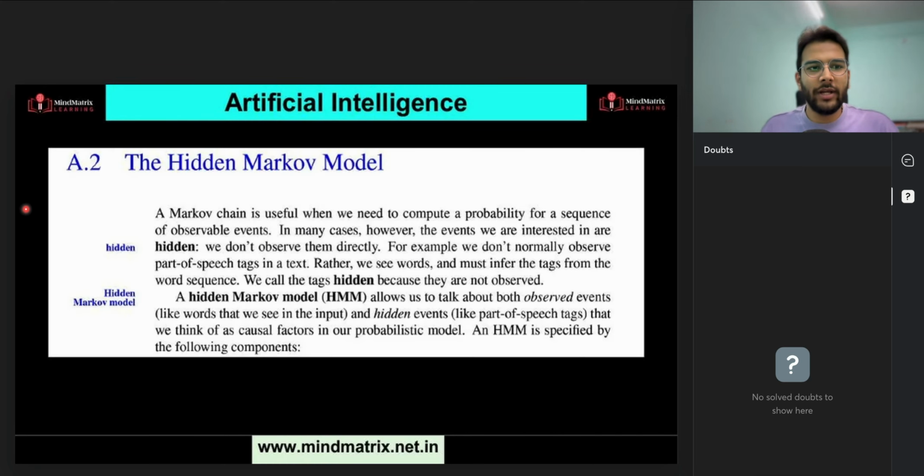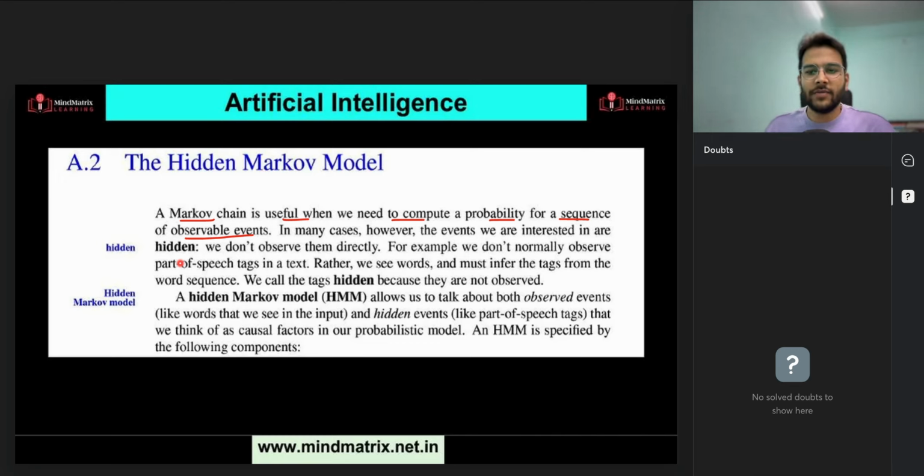So what actually is a Hidden Markov Model? Let's read it. These are slides taken from Stanford University. A Markov chain is useful when we need to compute a probability for a sequence of observable events, right? That is very useful, yes or no?